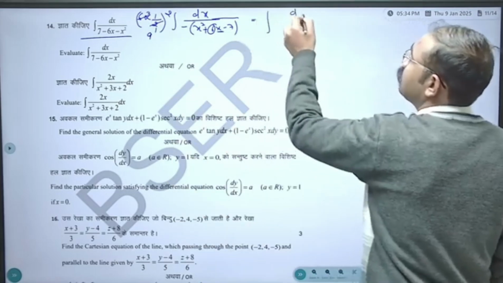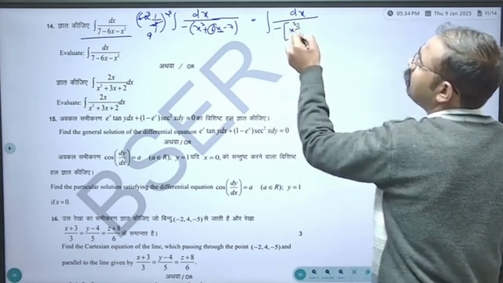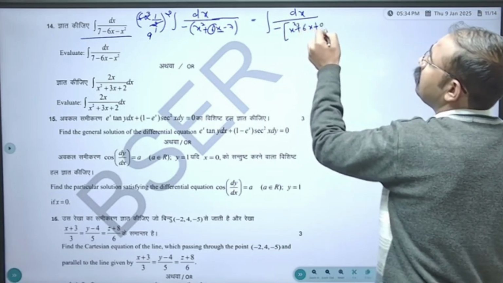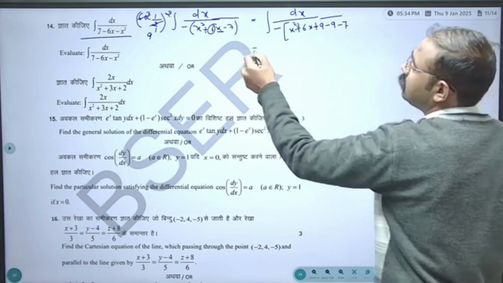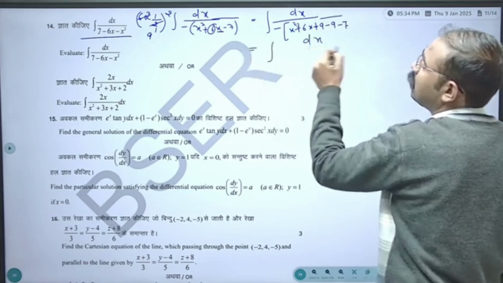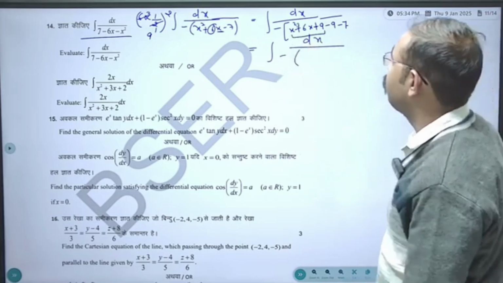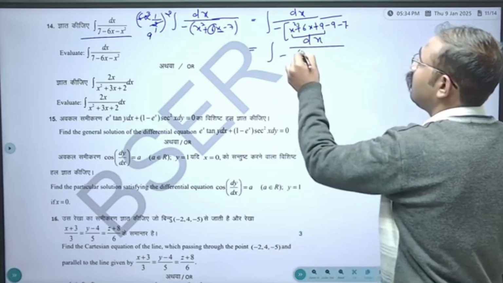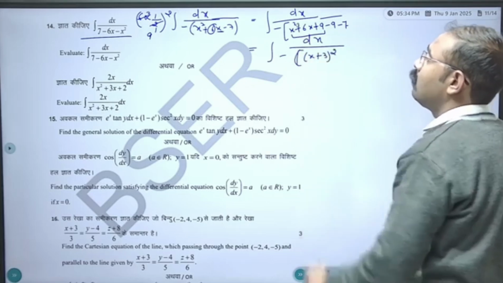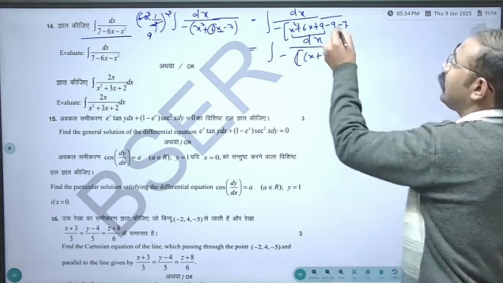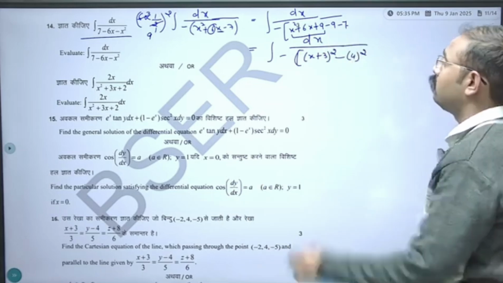So dx upon minus x square plus 6x plus 9 minus 9, and this minus 7 which was already present there. dx upon minus, this will be x square plus 6x plus 9, this will be (x plus 3) whole square, minus 9 minus 7 is minus 16, and 16 is the square of 4.